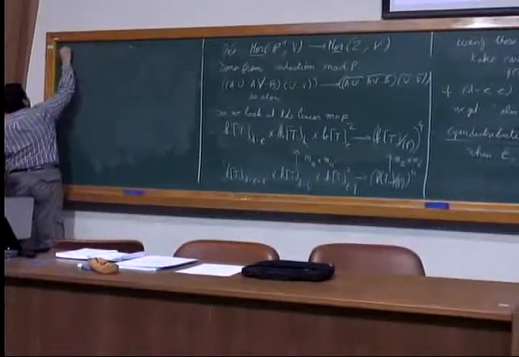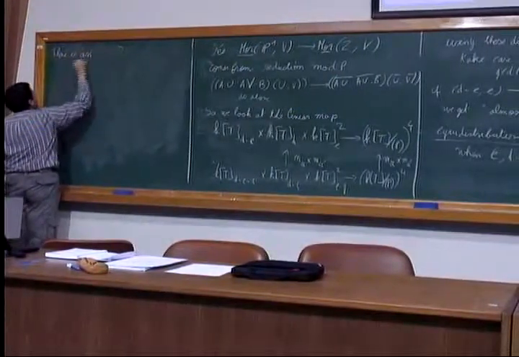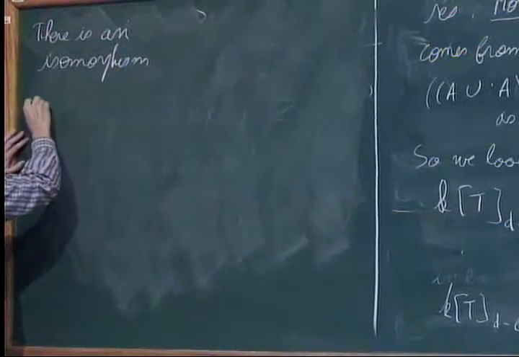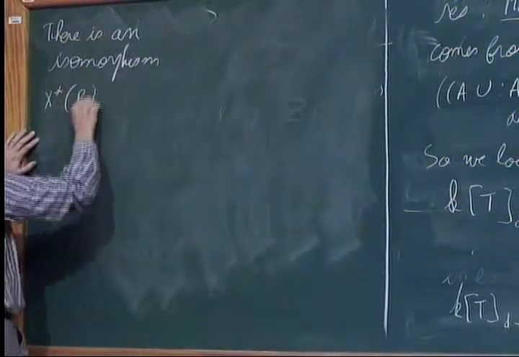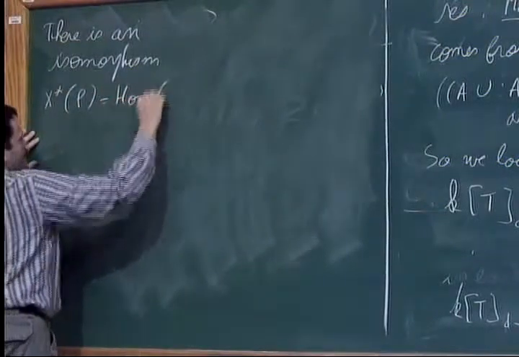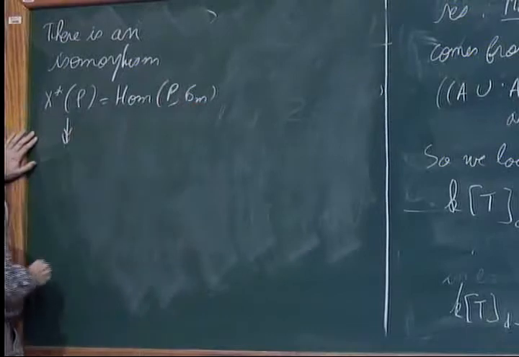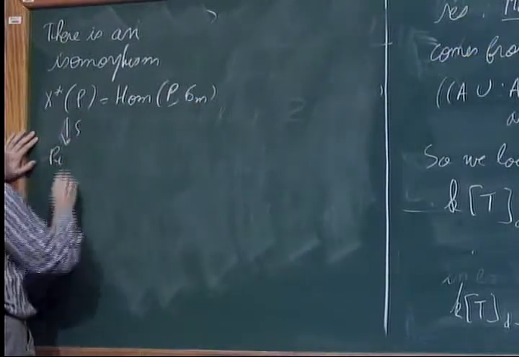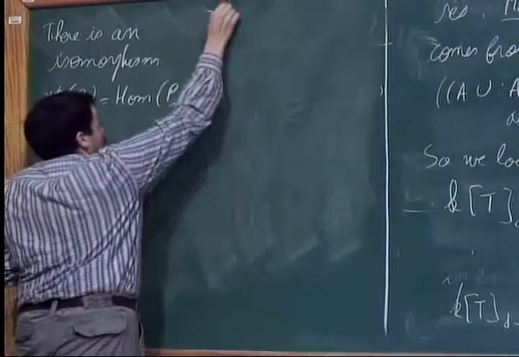So there is, well, it's a fact, there is an isomorphism from the group of characters of P, so the morphism from P to Gm, onto, well, it's an isomorphism, so it's one-to-one, onto the Picard group of V.